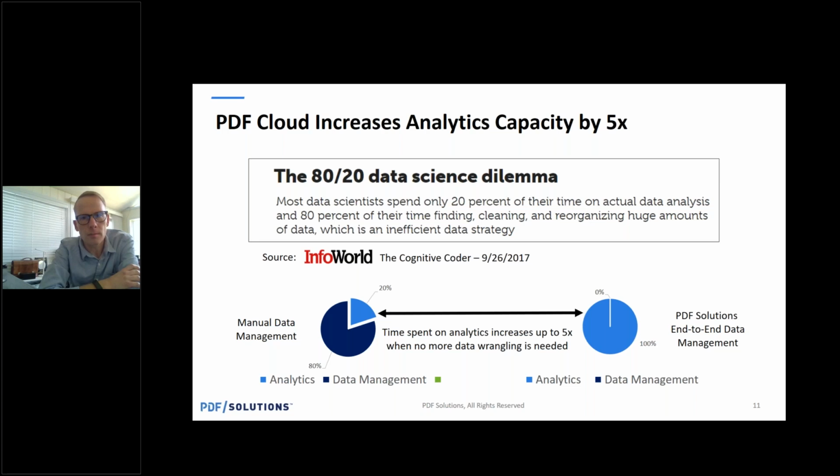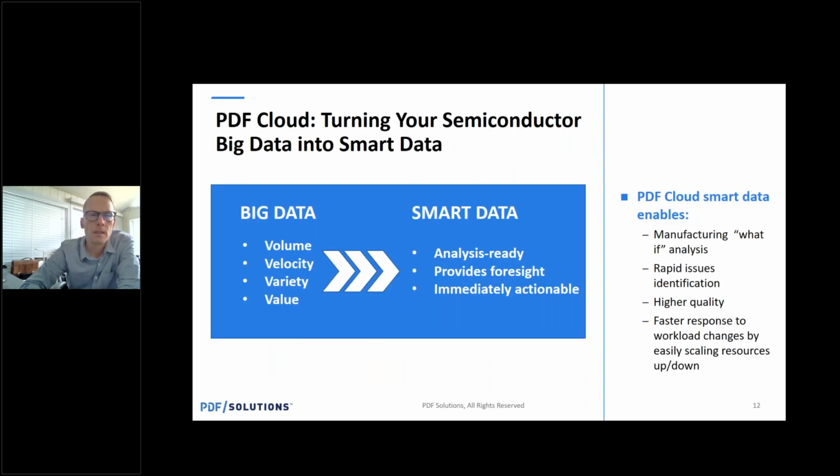PDF Cloud, enabled by big data, uses semantic models to align that data, pre-summarize it, make all of it available and analysis ready so that your data scientists can focus on solving problems and not data management. And Exensio is more than just a data repository. We help you transform your raw data into smart data.